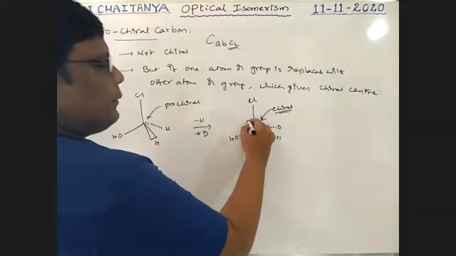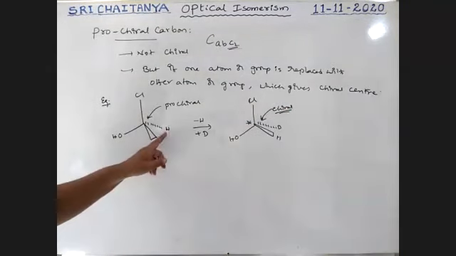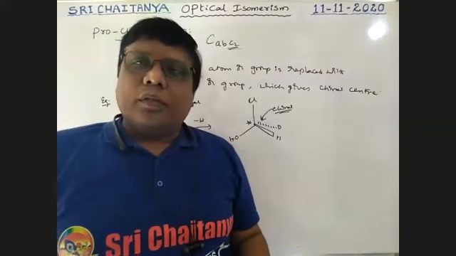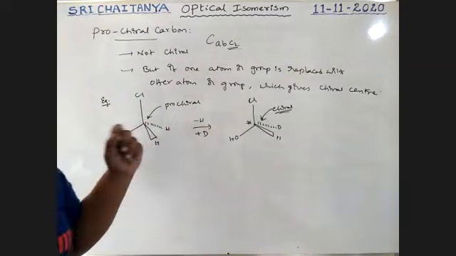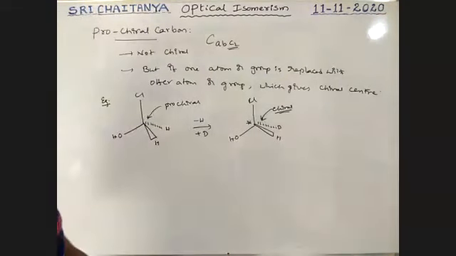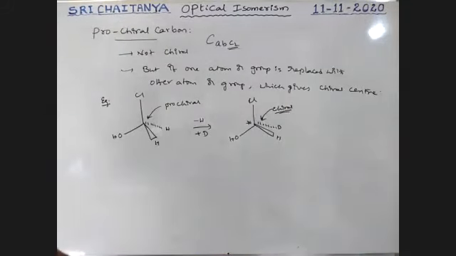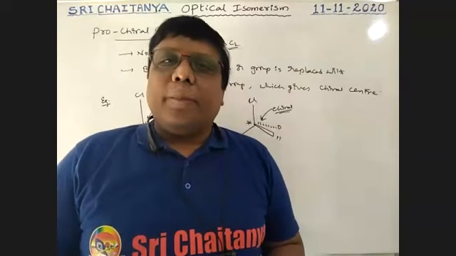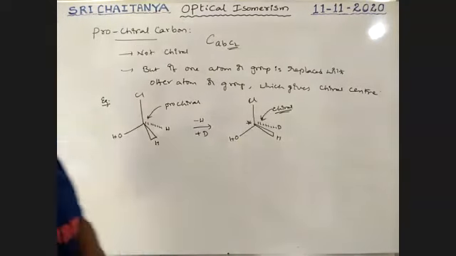Chiral is indicated with a star. So one atom is replaced with another atom or group that converts it into a chiral center. That means it is a stereogenic center. That is called prochiral. Very, very important: a prochiral carbon is converted into a chiral carbon. Okay. Next one.